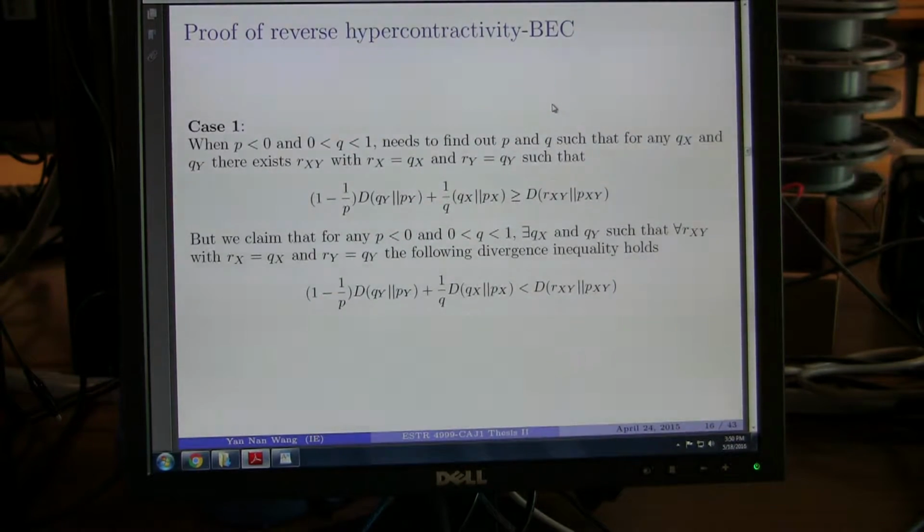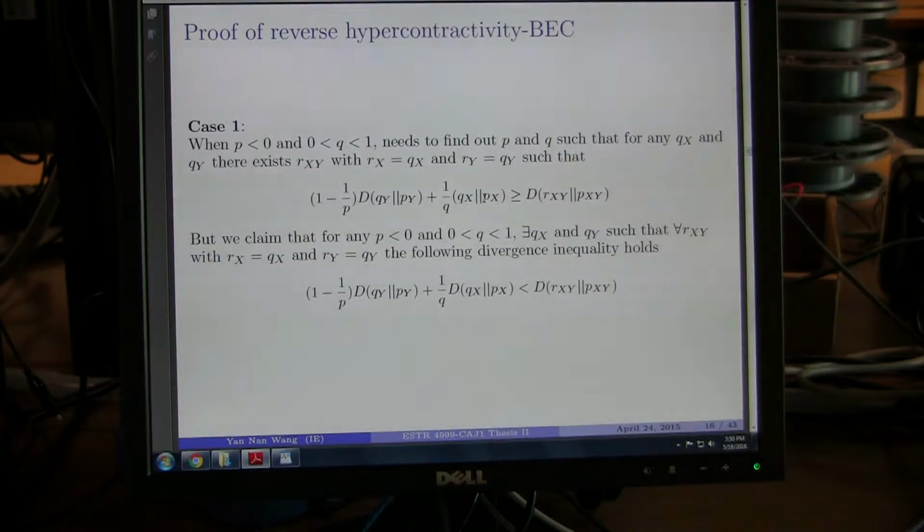So here we are going to the proof for the result claimed in the previous slide. According to the characterization, we will divide the proof into three cases. The first case is when P is negative and Q is between 0 and 1. Then we need to find PQ such that this condition will hold.